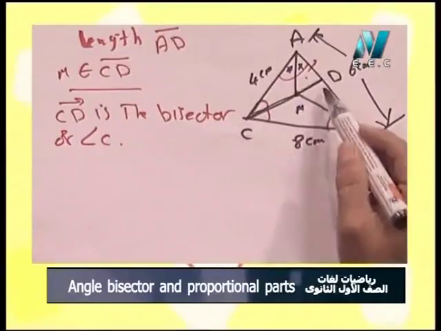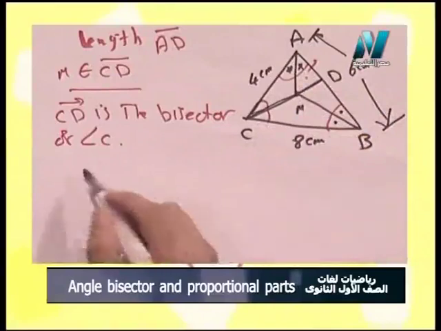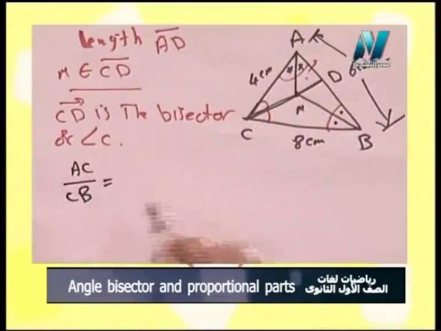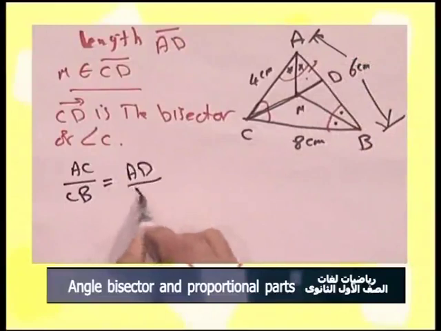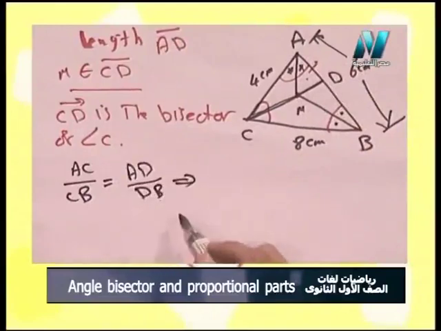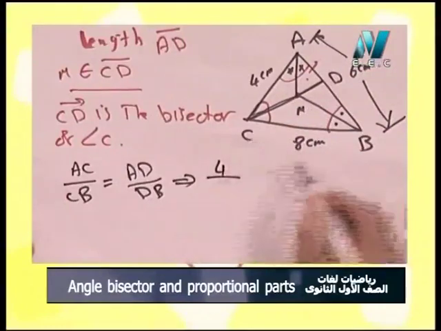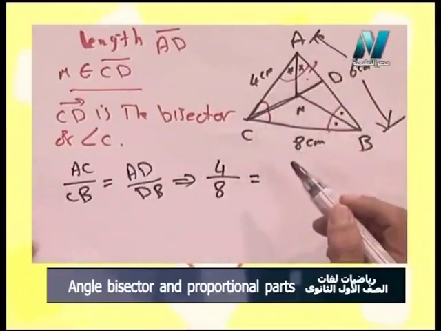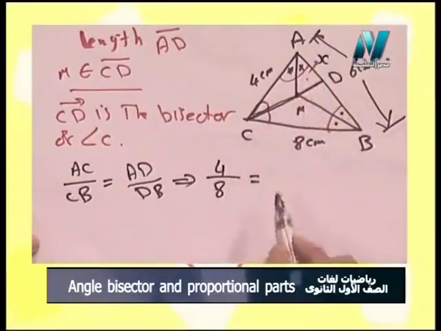If we have a bisector, then AC over CB equals, of course, AD over DB, and AC here equals 4 centimeters and CB equals 8 centimeters. AD we don't know, and we can call it X over DB.